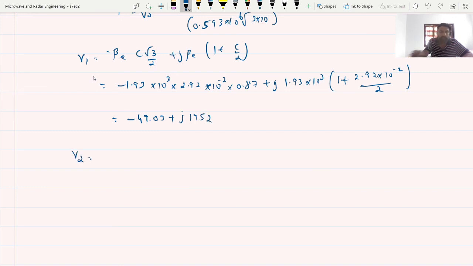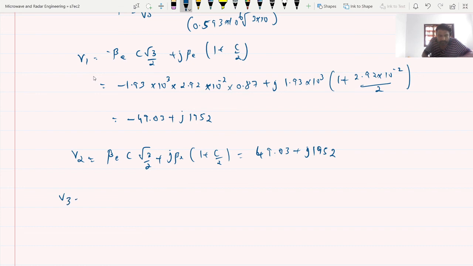And gamma 2, in a similar manner you calculate gamma 2 also, that is beta e C into root 3 by 2 plus j beta e into (1 plus C by 2), which will be nearly 49.03 plus j 1952.